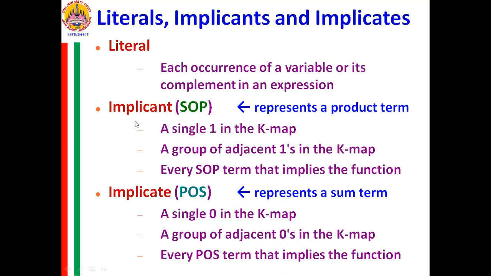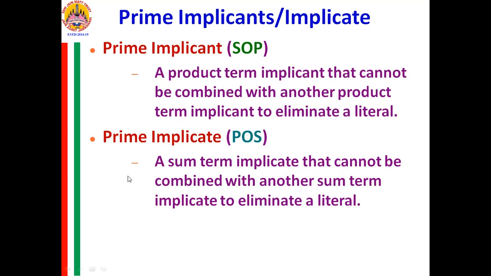So remember this: what an implicant is, what an implicate is, and what a literal is. Now, what is a prime implicant? A product term or an implicant that cannot be combined with any other product term or implicant to eliminate a literal is called a prime implicant.